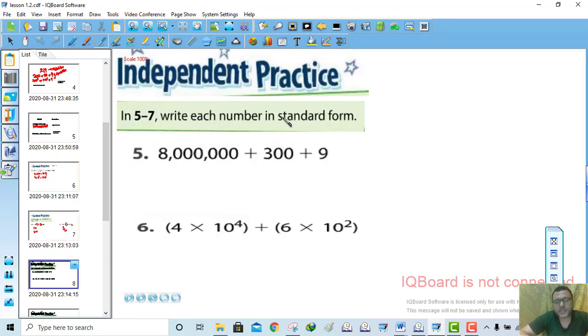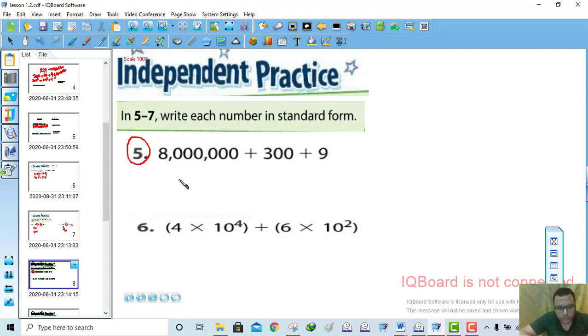Write each number in standard form. Okay, in standard form we said expanded form is just to split it, to cut the number. But standard form is to collect it again. So we are going to collect this number. Question number 5. I will collect 8 million plus 300 plus 9.